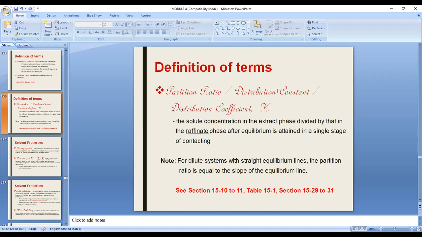Partition ratio, distribution constant, or distribution coefficient, represented as K. Now, for dilute systems with straight equilibrium lines, the partition ratio is equal to the slope of the equilibrium line.